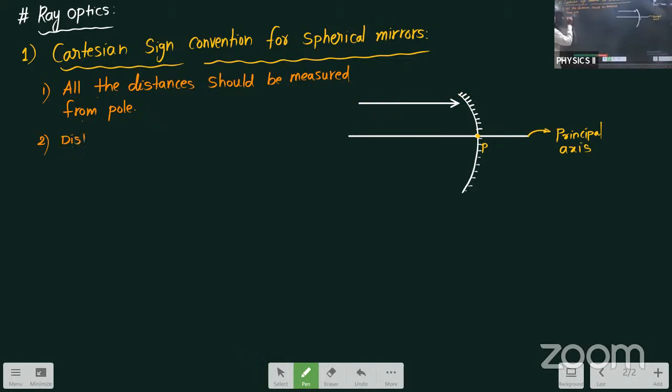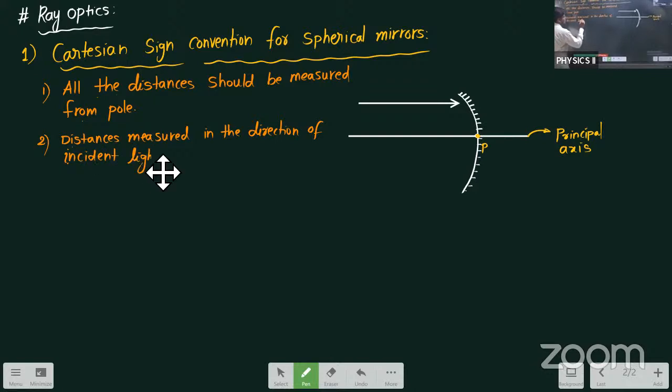Distances measured in the direction of incident light should be taken as positive.